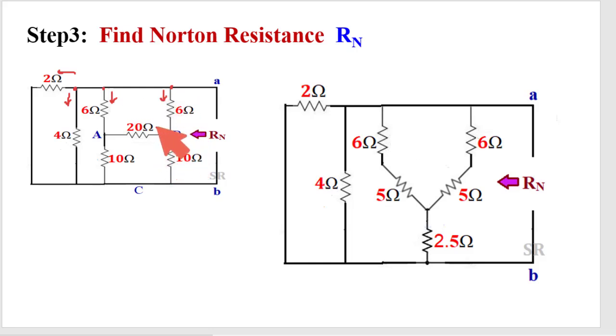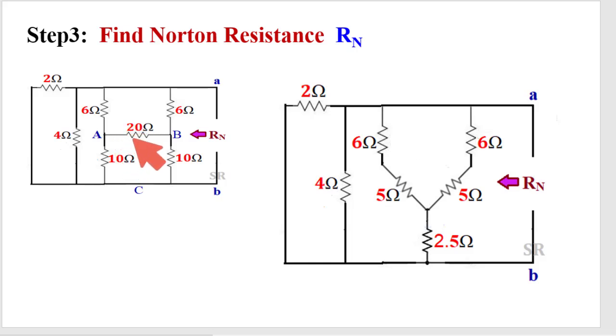But because of the presence of this 20 ohm resistance, we cannot say how this 20 ohm is connected with this 10, 10, 6 or 6, whether it is in series or in parallel. It is very difficult to understand here. So here we use a separate way to make it easy.